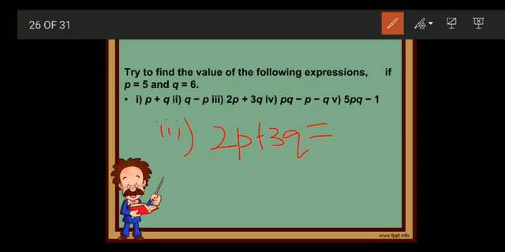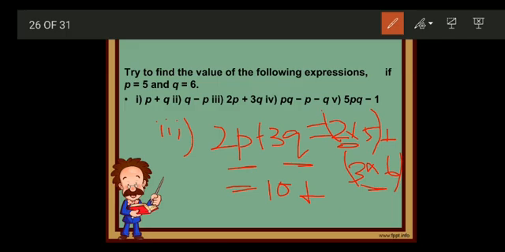First we have to substitute the values. 2p is 2 into 5 plus 3 into 6. Here we have to follow the BODMAS rule. First we do multiplication, then we add. So 2 into 5 is 10, plus 3 into 6 is 18. This will be 28.